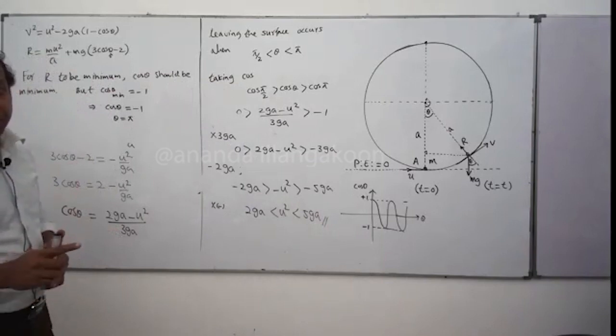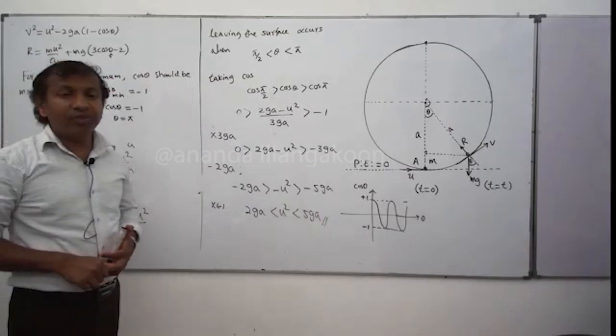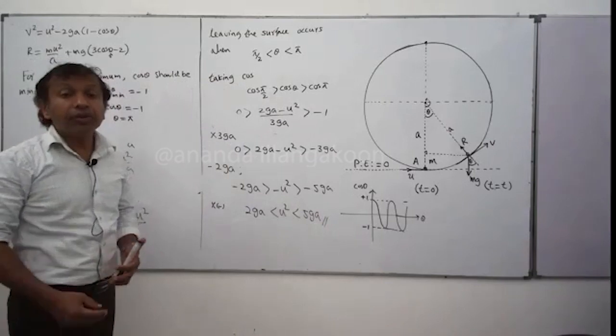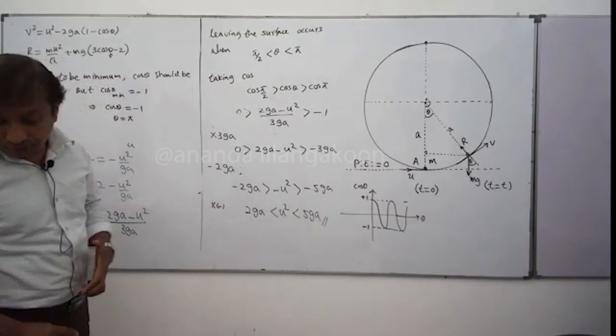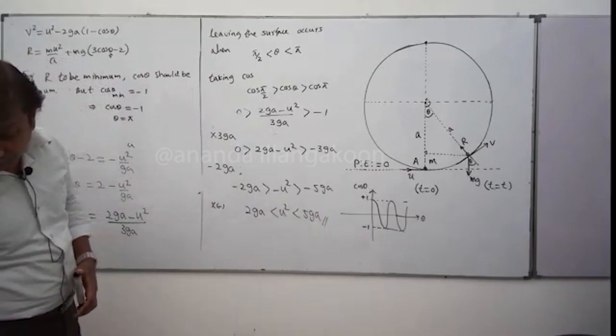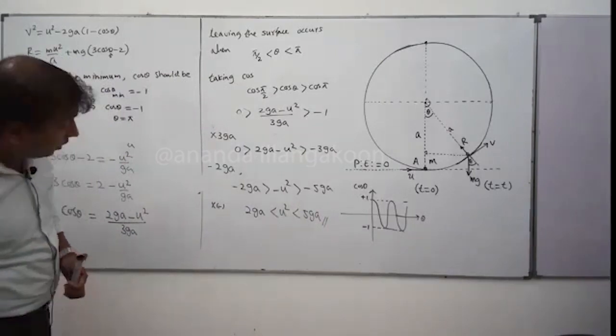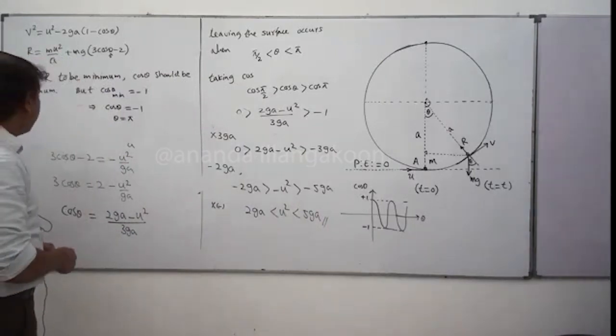The normal reaction at the highest point should be positive. Then the particle will move in a complete circle. Then you can deduce that if u squared is greater than 5ga, the particle describes a complete circle, right? Okay.